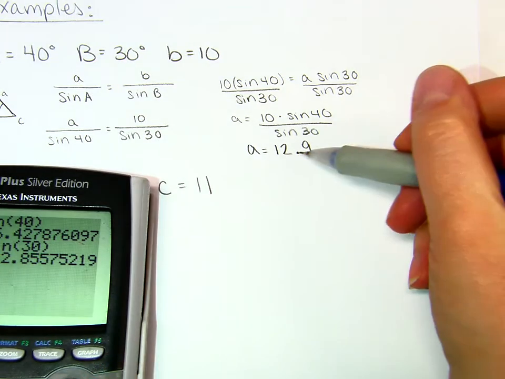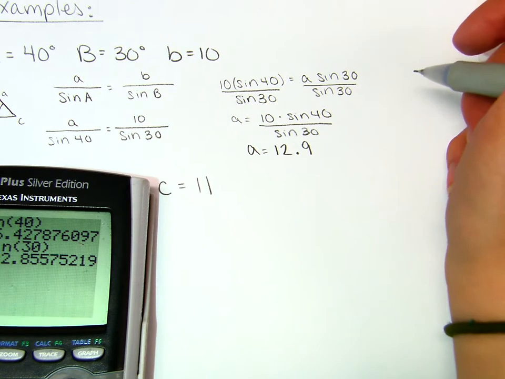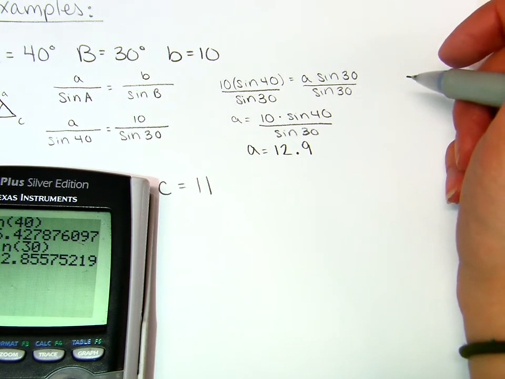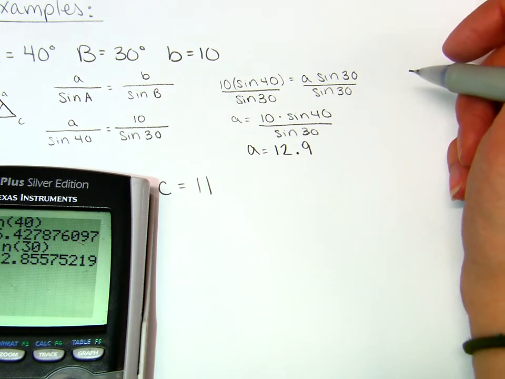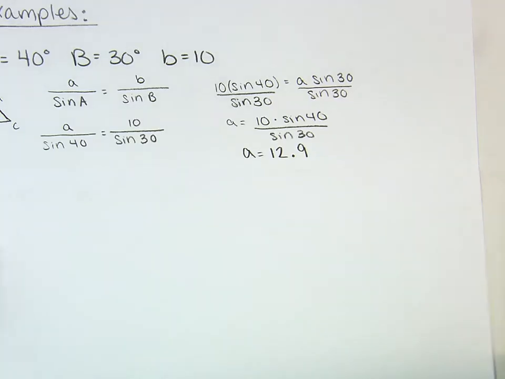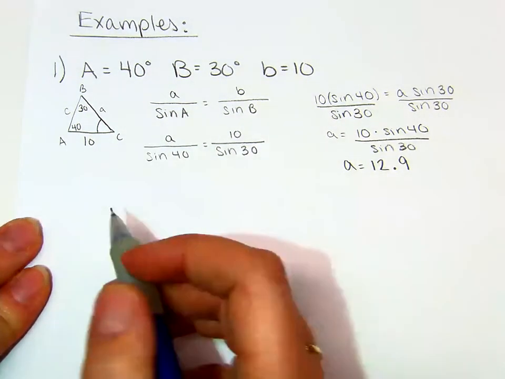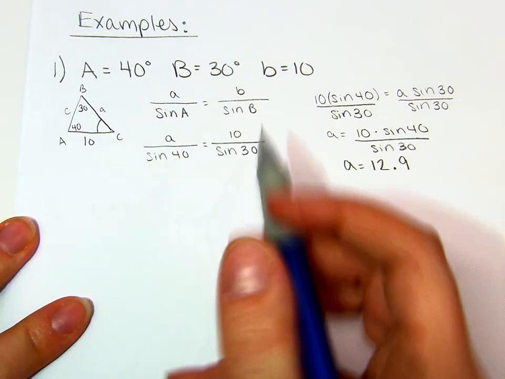And now if I want to solve for C, we're going to get rid of this problem so I have more room. Solving for C, I'm going to use my B's because I know both of them.